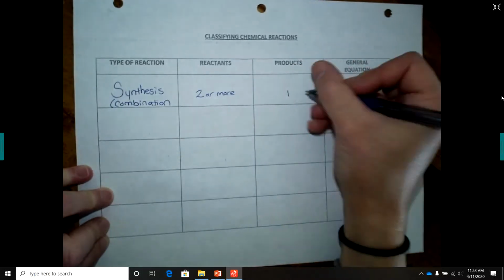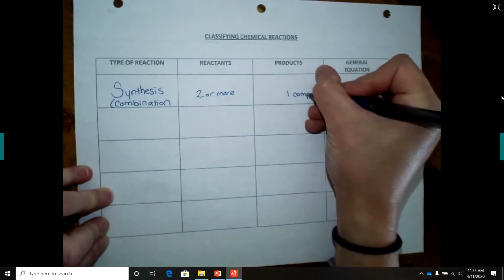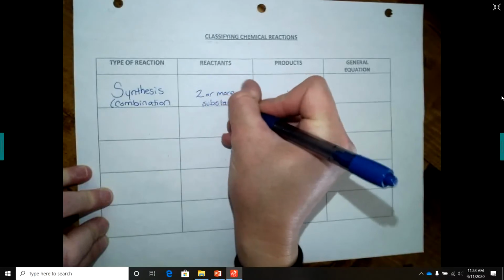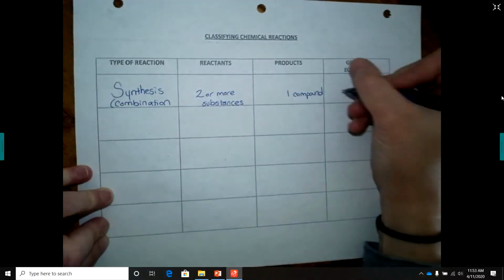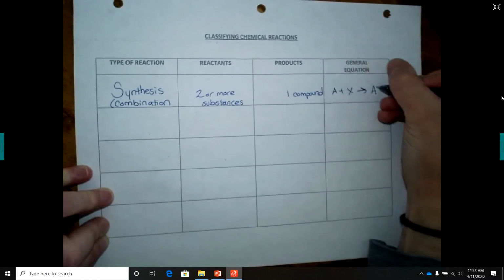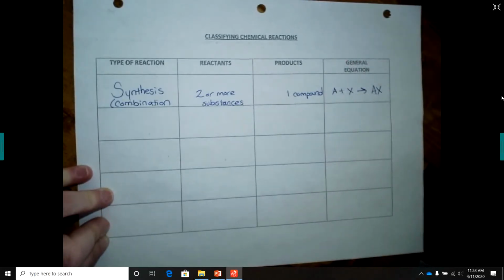And that product is going to be a compound, so it won't be a single element. The reactants can be compounds or elements, so I'm just going to say 2 or more substances. The general equation for this would be A plus X yields AX. So whatever your reactants are, they join together to form that one product.